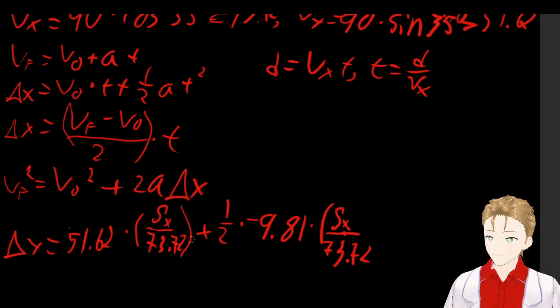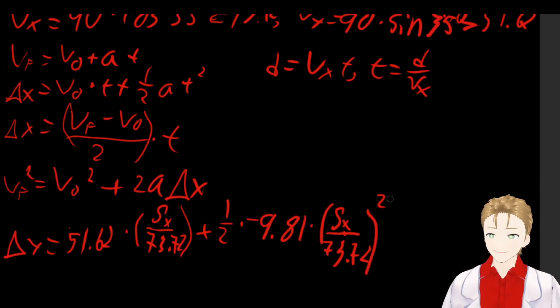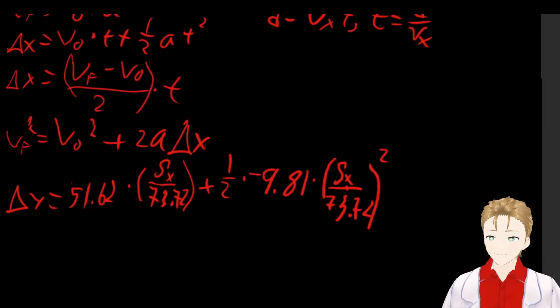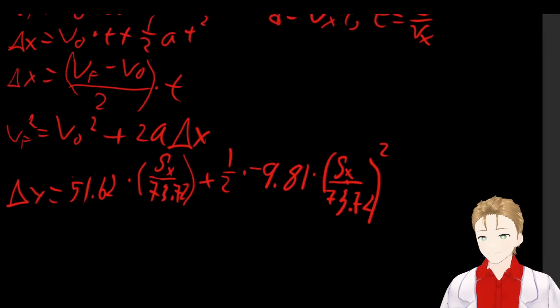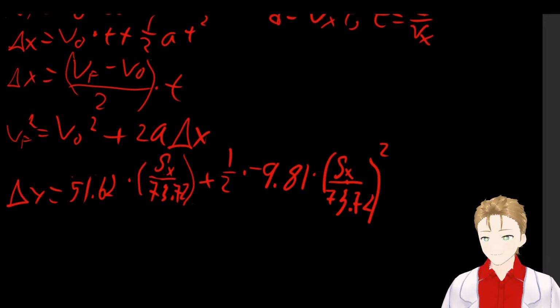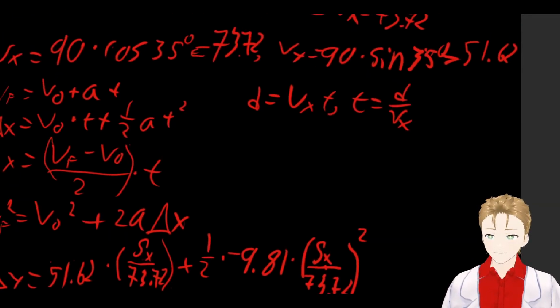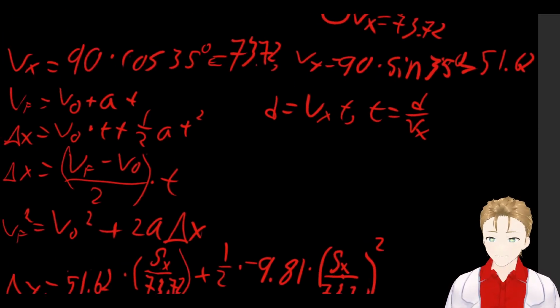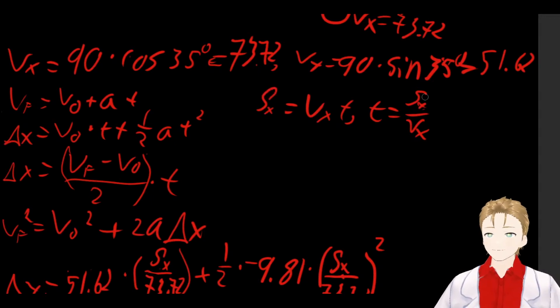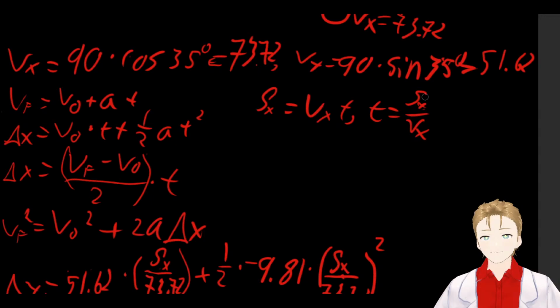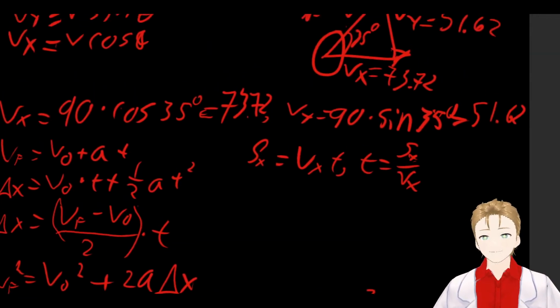Where's my 2 disappearing? That can't be good. There has to be something I can do about the s sub x. Maybe I'll change the s here as well. It's not helping, is it?